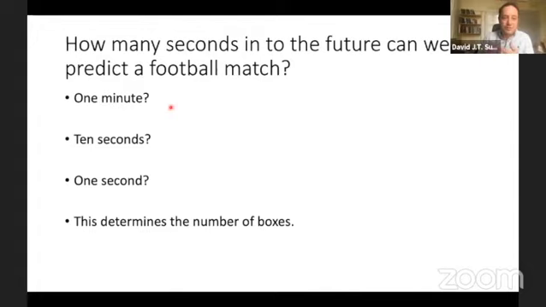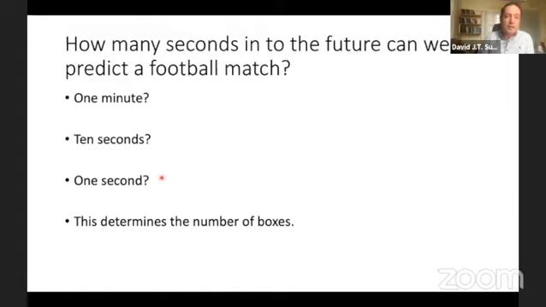If you've got some sort of method of doing it, and that method is better than the bookmaker's method, which is based on the Poisson model I'm going to talk about, then you can get extremely rich. 10 seconds into the future, possible in some situations. It's possible when there's a penalty, for example. Then you can make better predictions that there'll be a goal in the near future if a penalty's just been awarded. But outside there being a penalty, it's pretty difficult actually to predict even 10 seconds into the future.